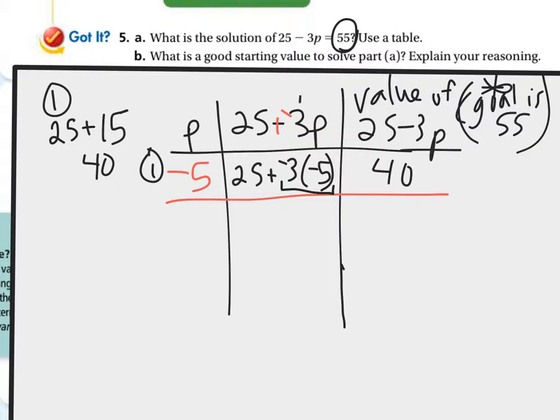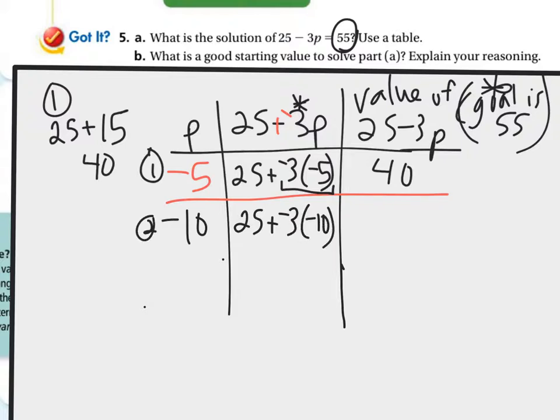So one thing you could say, we're going by 3s here, and we were off by 15. So we could say we need to keep going in that direction. We might be able to just guess it on our next attempt here. If not, just try something else and keep trying until you get it to be 55. So if you followed all of that logic, we could try -10.